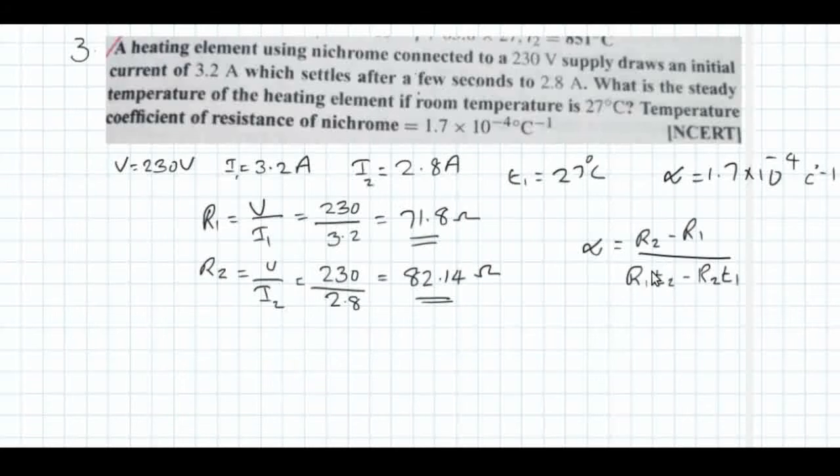So what is the temperature when the resistance becomes 82.14 ohm, or what is the temperature when the current falls to 2.8 ampere? That is the question.